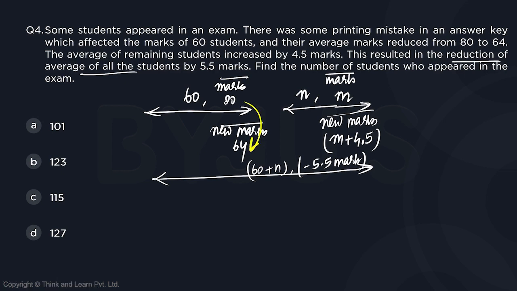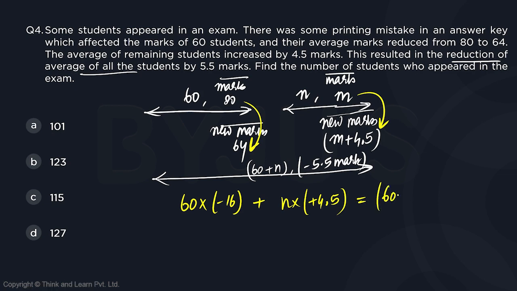So the deviation of these 60 students is it reduced by 16 for every student, and the deviation of marks for the N students is 4.5. The deviation of marks for 60 and N students should result in the overall deviation of 60 plus N students, which is minus 5.5 marks.